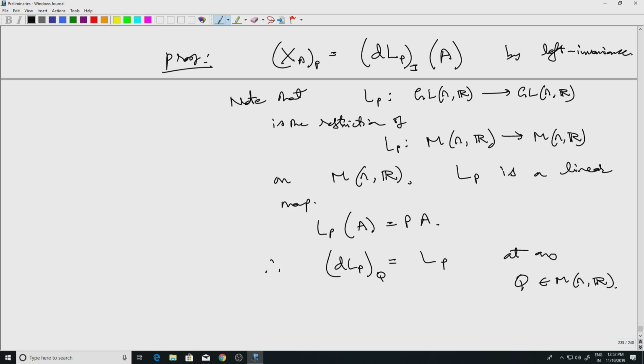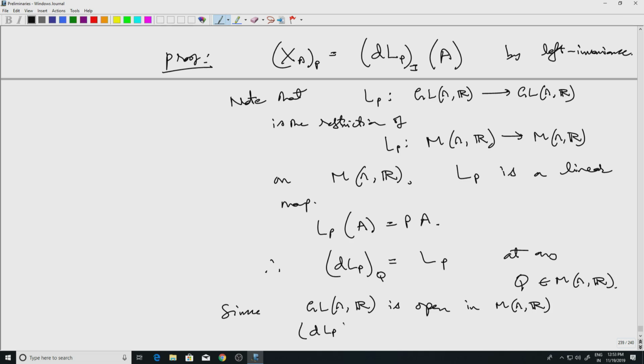So DL_P at any point Q is just L_P itself. Since GL_n(R) is open in M_n(R), the derivative of L_P is the same as what it would be when I regard it as a map from M_n(R) to itself.